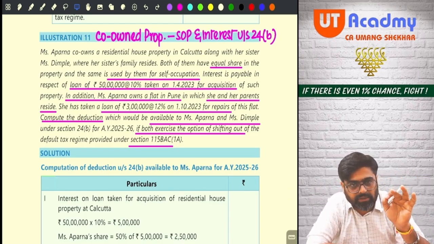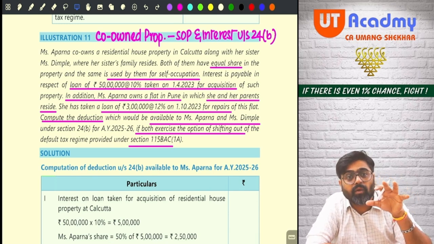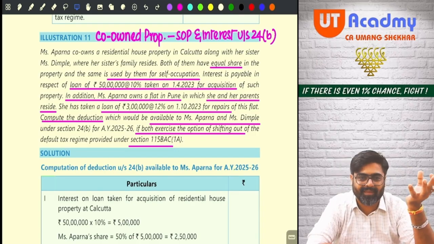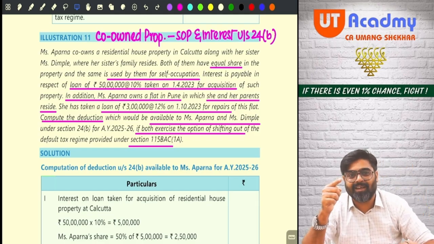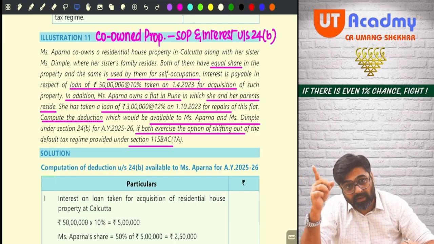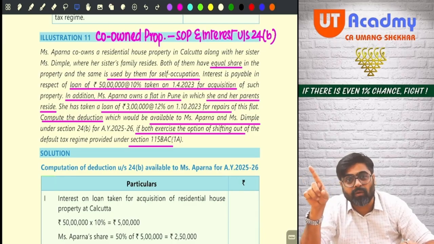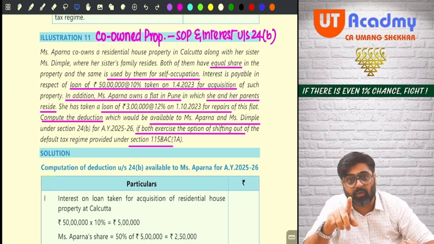Whatever interest which will be for Dimple's part, Dimple will claim within the limit of her own 30,000 or 2 lakh. Whatever interest which relates to Aparna's part of SOP, that Aparna will claim subject to her own limit of 30,000 or 2 lakh. That I have already told you.